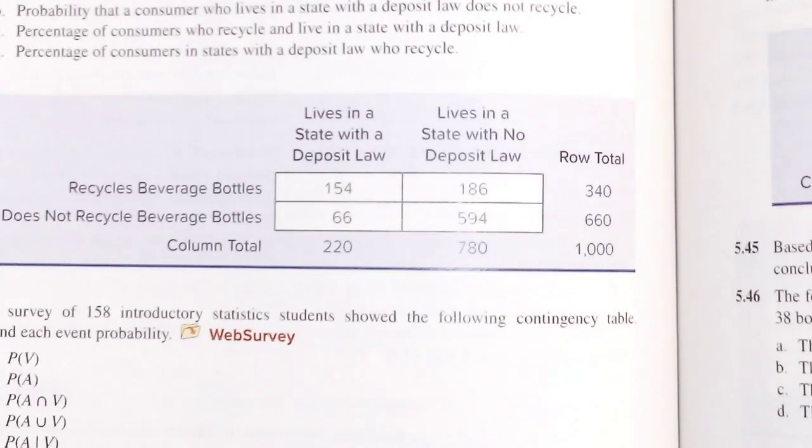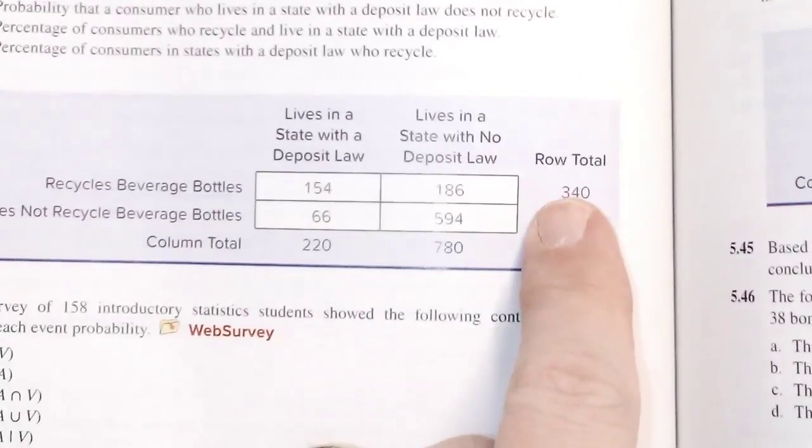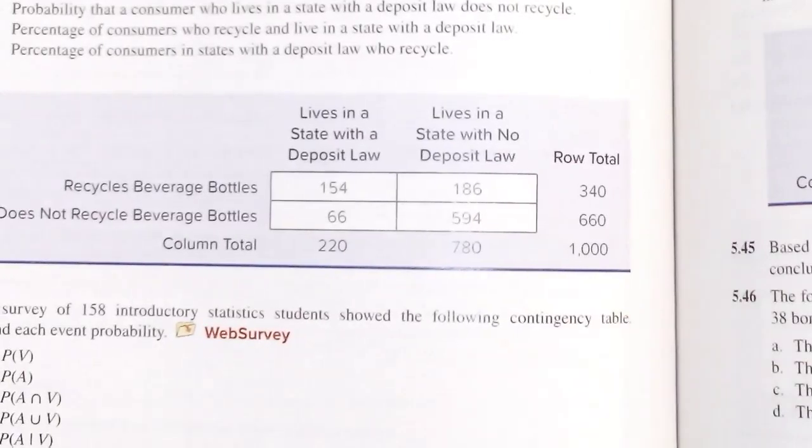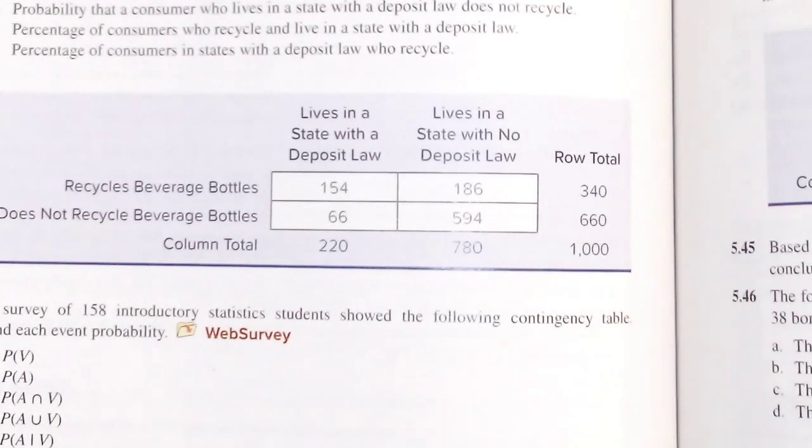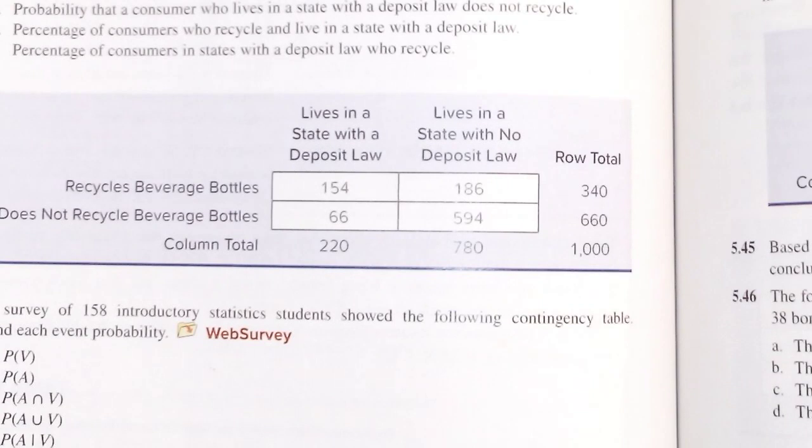What's the chance that somebody recycles? Out of? So that's 34%, right? 0.34. 34 out of 1,000. Great. What's the chance that they don't recycle, given that they live in a state with a bottling deposit?